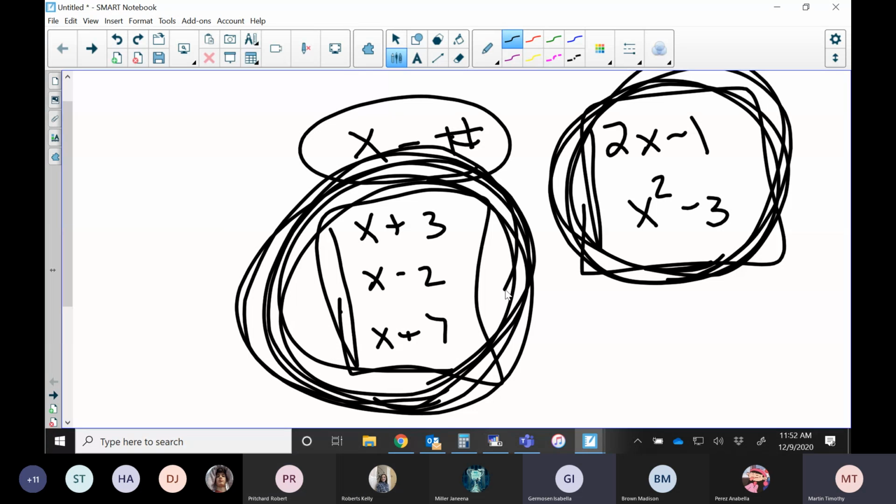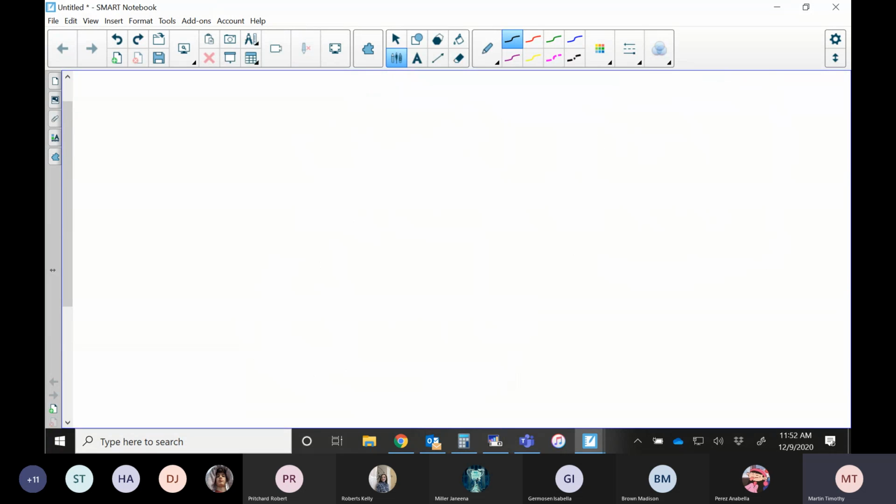Does anyone have any questions on synthetic division or the remainder theorem or the factor theorem? So if I ask you to do a division problem, and I said this, what is going to be in your box?